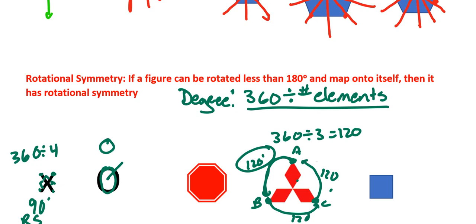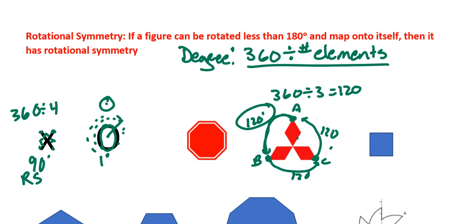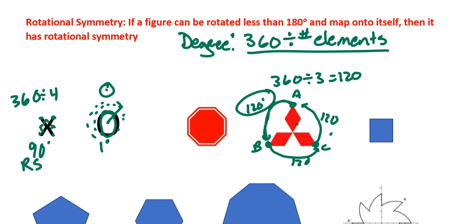And because it's just a circle, it could be any degree. You could just say 1 degree because any degree it moves around, it would have rotational symmetry. So if it's a circle, any degree would work. Rotational symmetry, and you could put any degree.